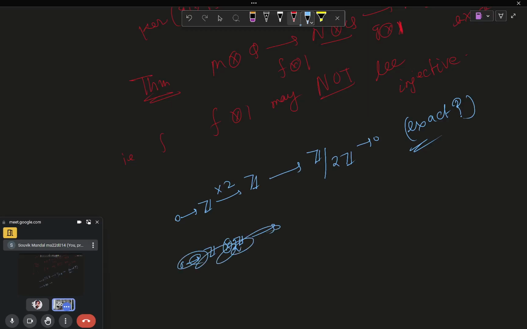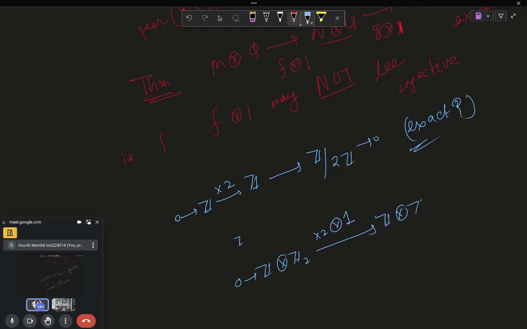So this is another map we will get by doing tensor through Z2. Now check, is it injective or not?